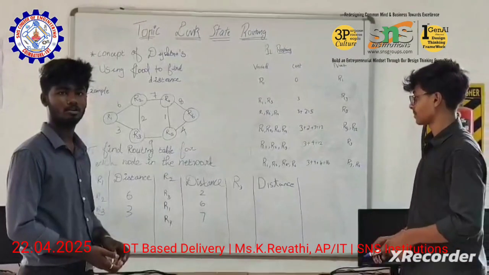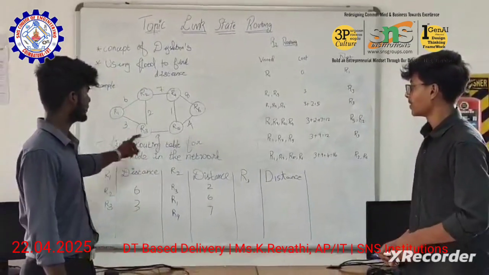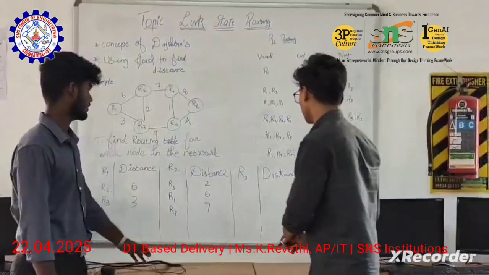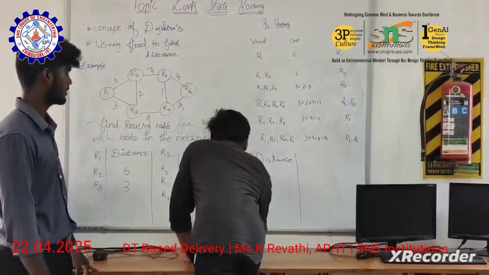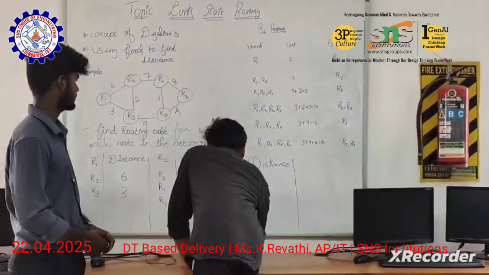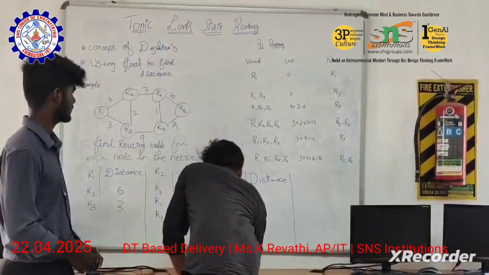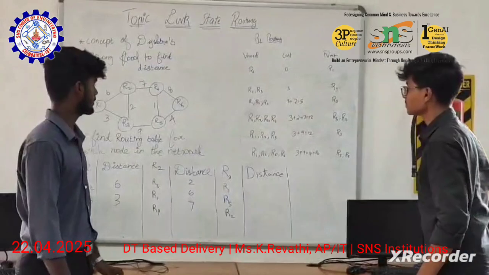The adjacent nodes for R3 are R1, R5 and R2. And the distances between them are.